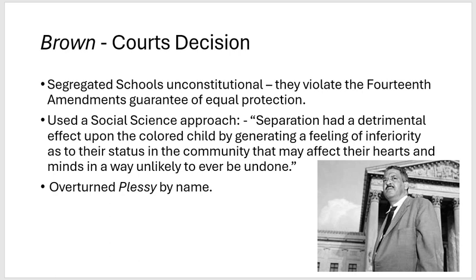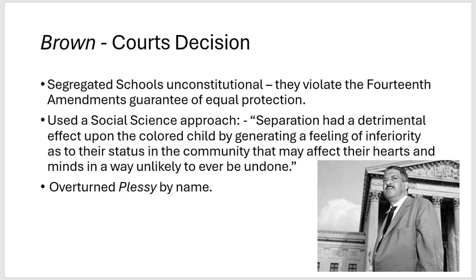That is very, very rare that the Supreme Court will overturn itself and do so by name. Usually they carve out an exception and say why this case is different from the others and has now got to move this way. But in this instance, they overturned Plessy versus Ferguson by name.